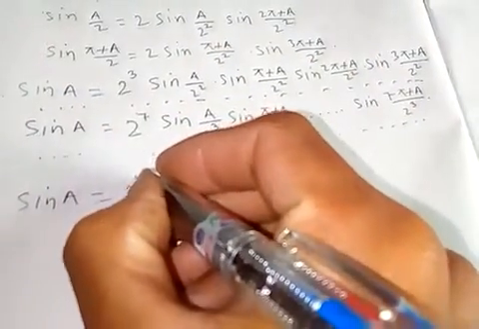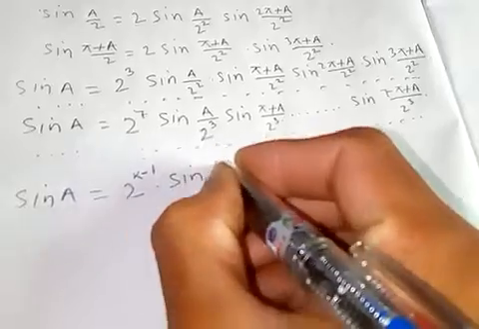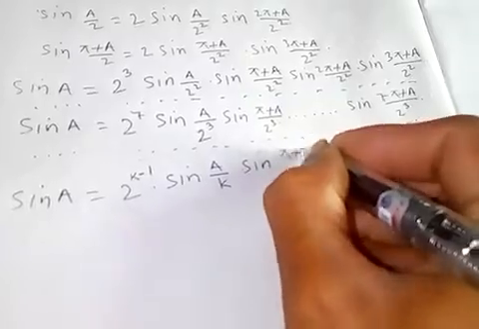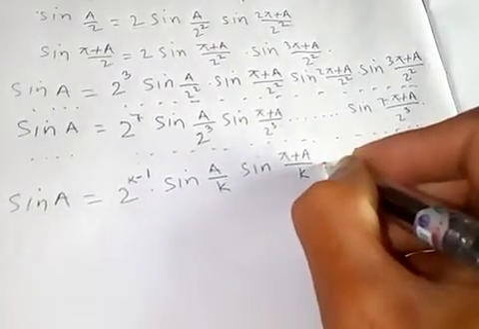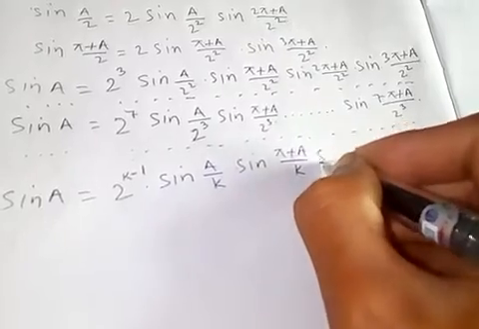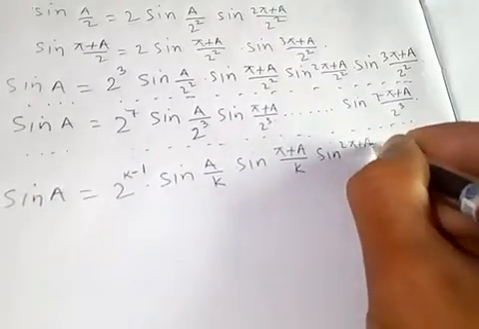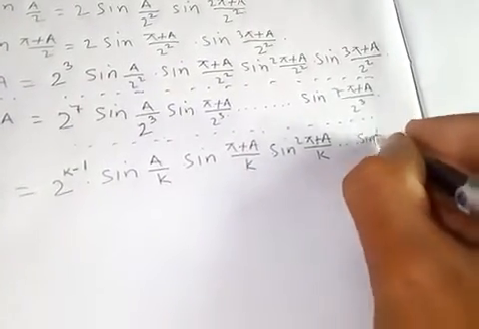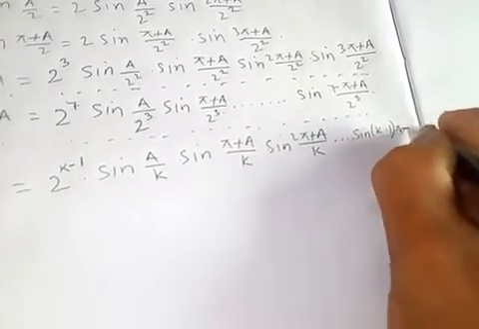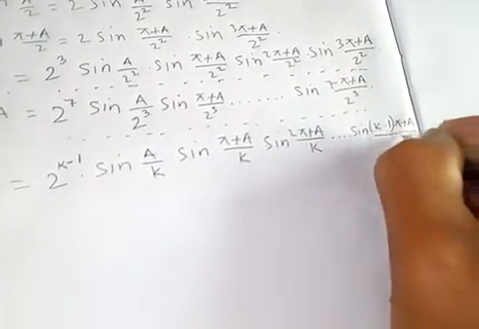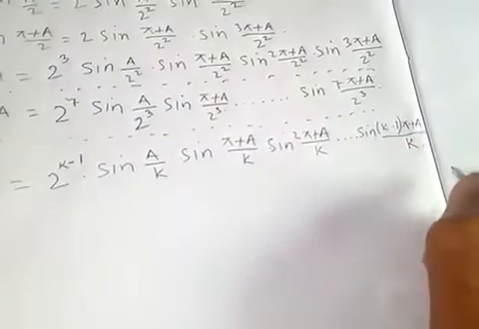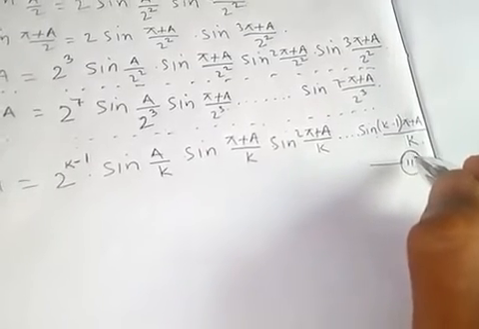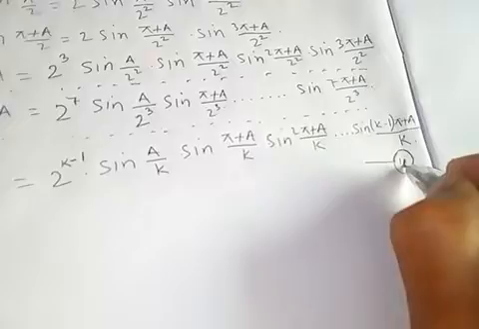So in general I can write 2 to the k minus 1, sine of A over k, sine of pi plus A over k, and sine of 2 pi plus A over k, and go on, and the last term will be sine of k minus 1 pi plus A over k. Okay, this is number 2. Let's name it equation 1.